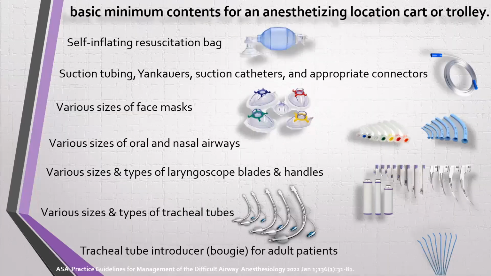So the ESA's new guideline recommends that the basic minimum content for the anesthesia location cart or trolley include at least a self-inflating resuscitation bag, suction tubing and suction catheters, and appropriate connectors, various sizes of face masks, various sizes of oral and nasal airways, various sizes and types of laryngoscope blades and handles, various sizes and types of tracheal tubes, and a tracheal tube introducer bougie for adult and pediatric patients.